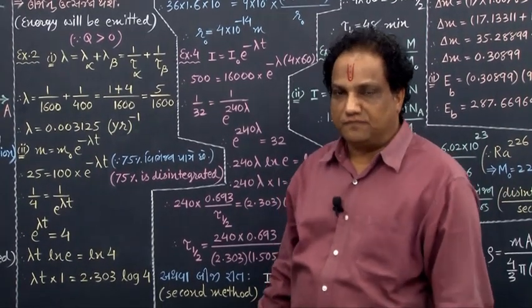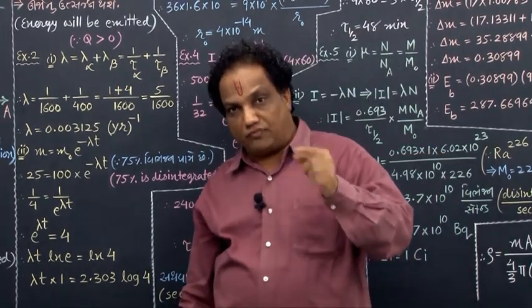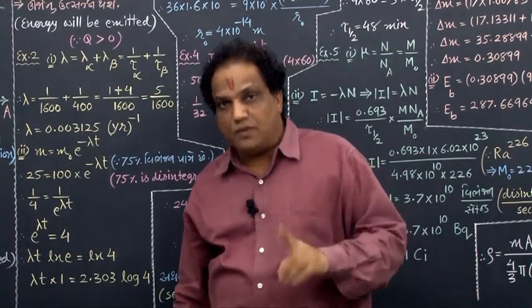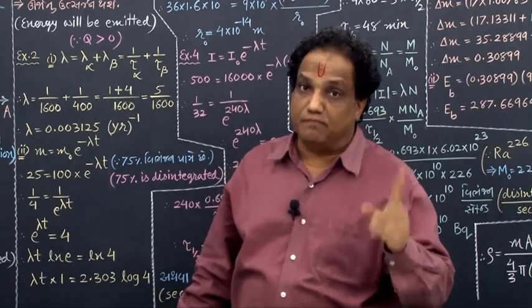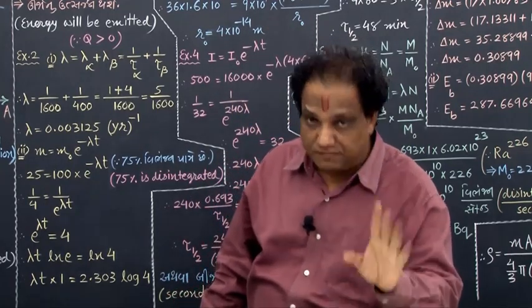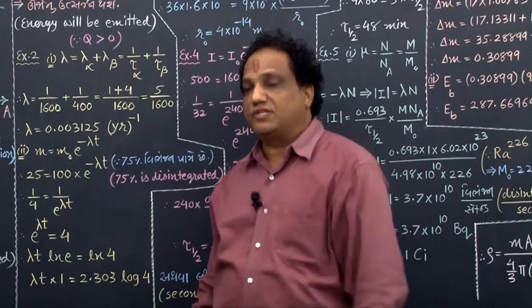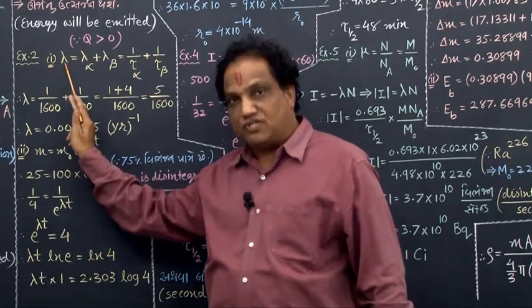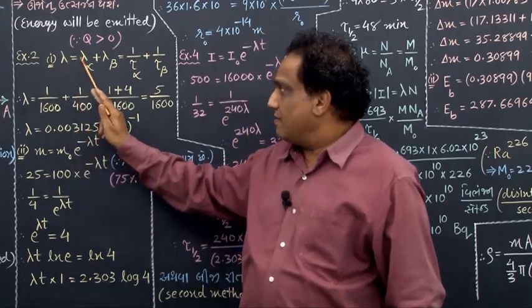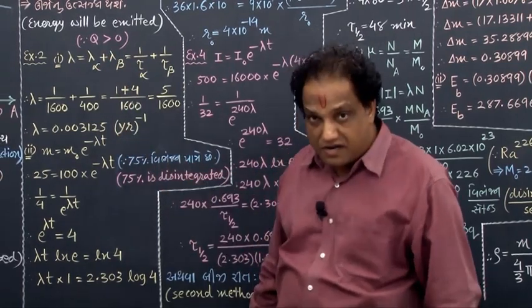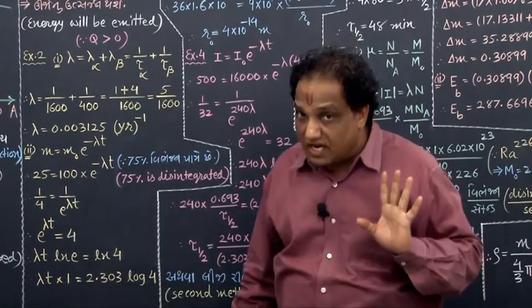Read it? In the theoretical part of this chapter, we had studied about branched disintegration. Remember, in case of branched disintegration, the effective decay constant is lambda equals lambda alpha plus lambda beta. Now, don't you know the formula of average life?